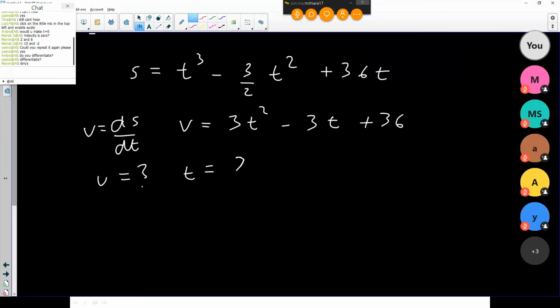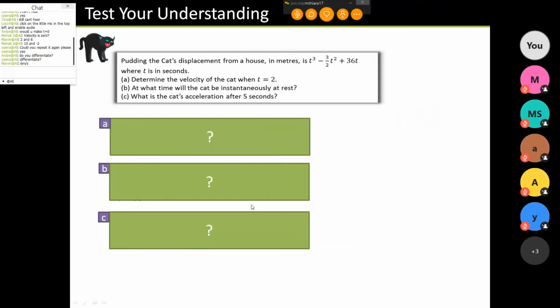So when t equals 2, all I'm going to do is substitute t equals 2 in there. So v equals 3 times 2 squared minus 3 times 2 plus 36. Have I done something wrong? I'm just going to check.